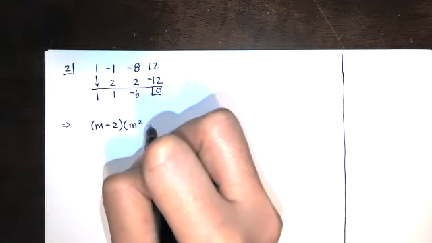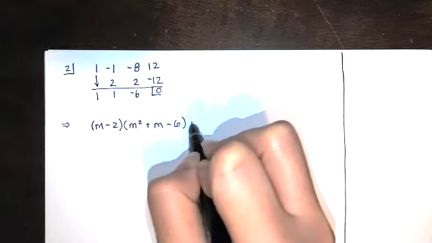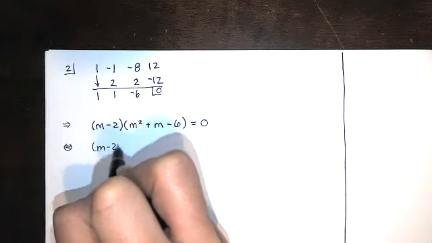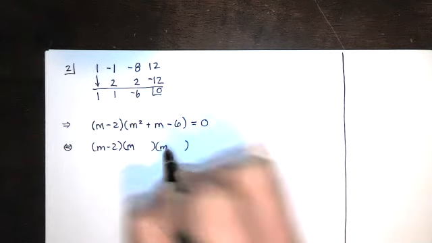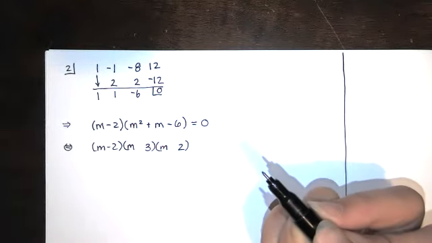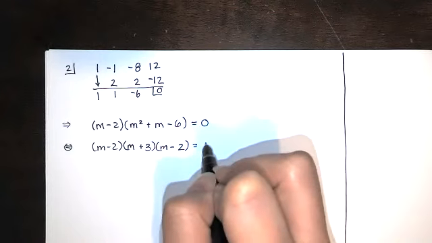This is 1m squared plus 1m minus 6 times m minus 2, and that equals 0. And this factors. I need two numbers that multiply to give me negative 6 that add to positive 1. 3 and 2 will work if they have opposite signs. That's a positive 3 and that's a negative 2. That'll work.